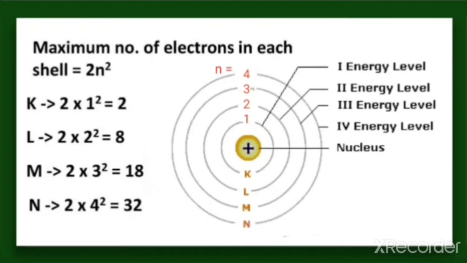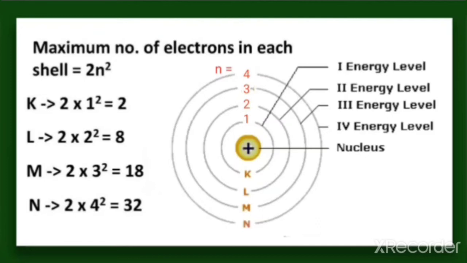So that means the maximum number of electrons which can be accommodated in the first shell, that is the K shell, is 2. Maximum 2 can be accommodated in the first shell. In the second shell, 8. Then the third shell, 18.